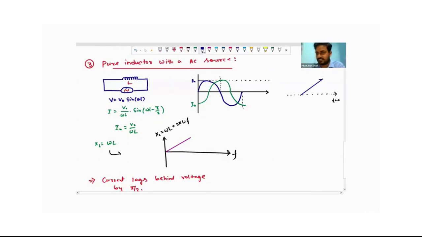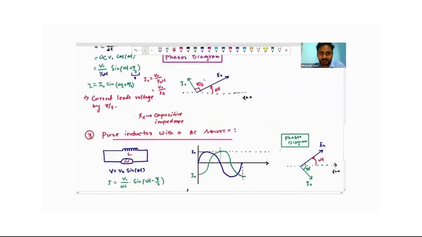Suppose this is the voltage E naught, and definitely this is omega t. At that time the current will be lagging behind the voltage, so it will look like this. This is I naught, and this angle is 90 degrees. So this was the phasor diagram for current and voltage for an inductor with an AC source.